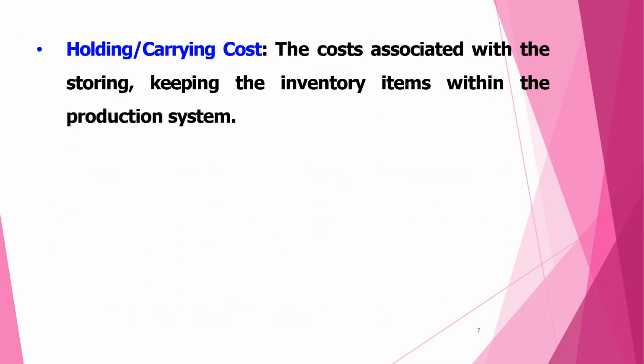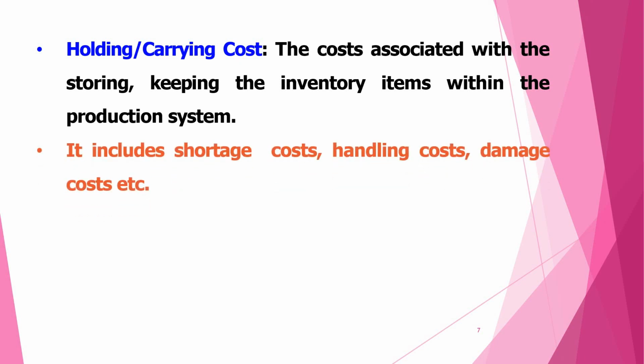Next one is holding cost. It is also referred to as carrying cost. This is the cost associated with storing or keeping the inventory items within the production system. It includes handling costs, damage costs and many more.